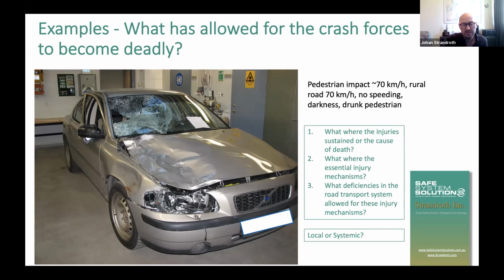So the pedestrian is going home from something, obviously been drinking, wanders around on the side of the road, happened to just swerve into the lane a bit, and here comes a car, and the driver didn't see the pedestrian until it was too late. I don't really remember if they had time to smash the brake, but if they did, it was very minor. So pretty much 70 kilometers per hour.